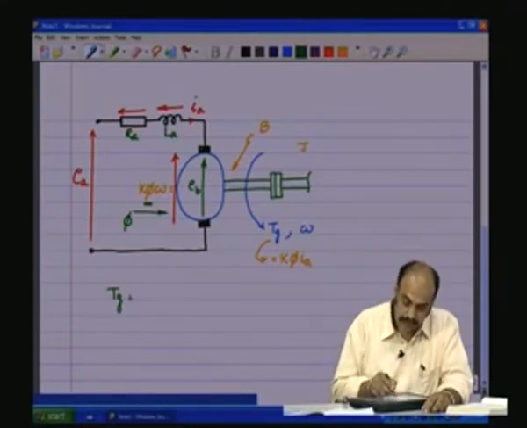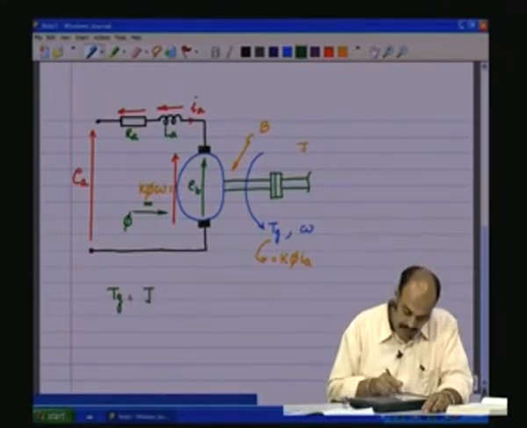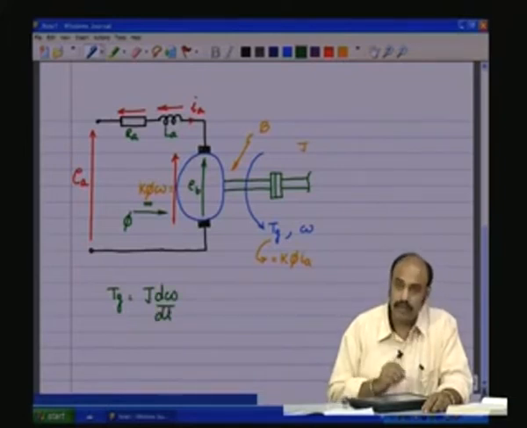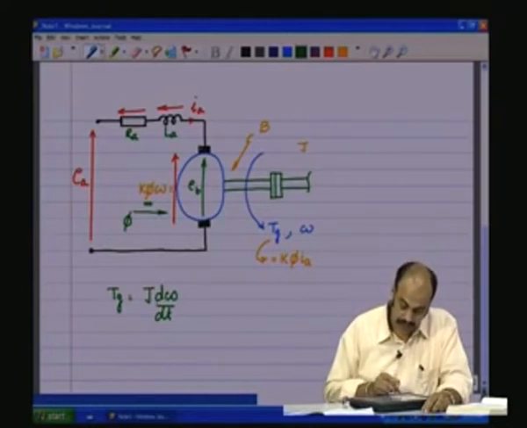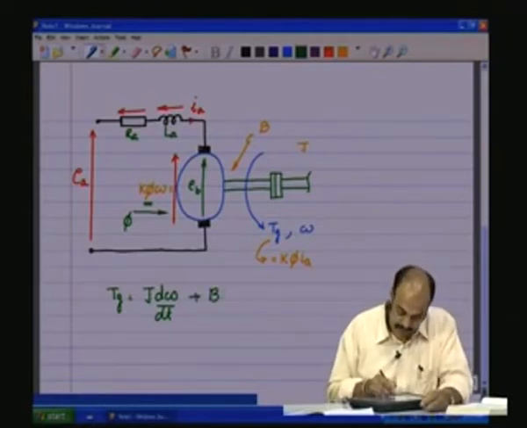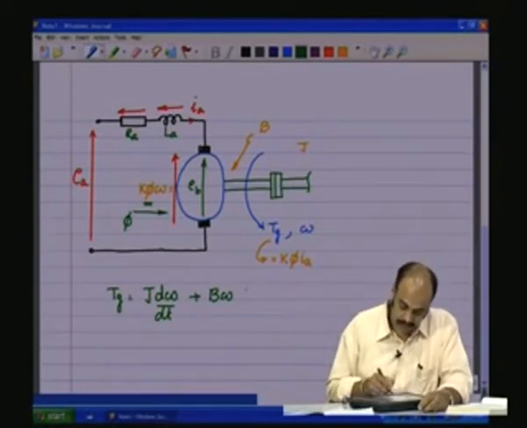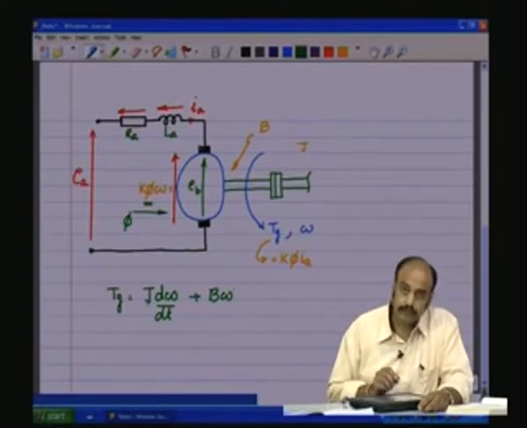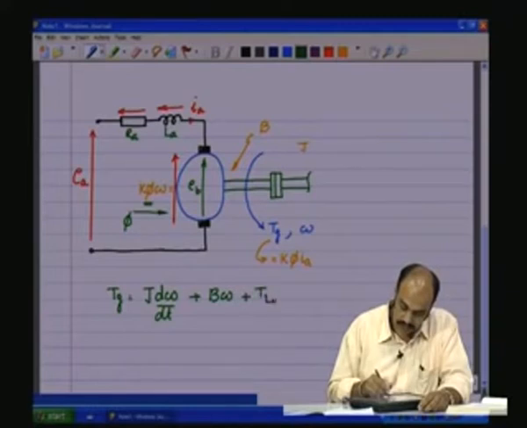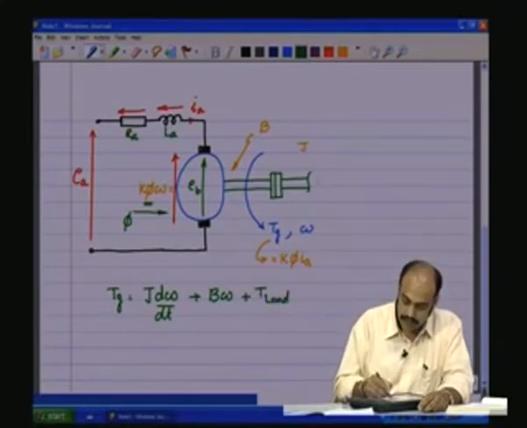This is going to supply the inertial component J d omega by dt, which is similar to L di by dt, plus the resistive drop, which in the electrical domain is I R A and in the mechanical domain is B omega, plus any other load torque which may be applied to the mechanical shaft.